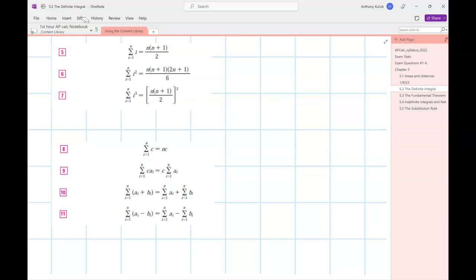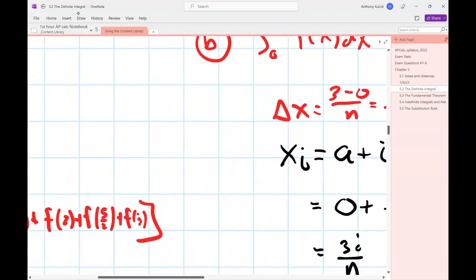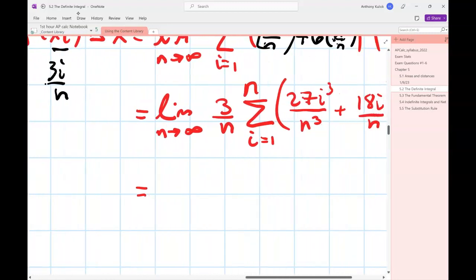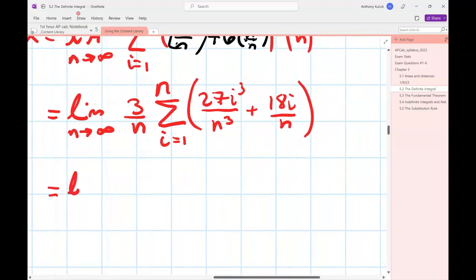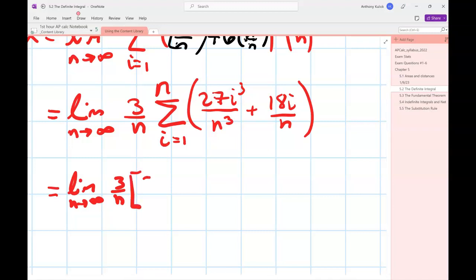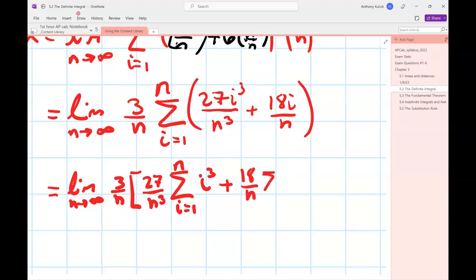So I'm going to do that all in one step here. So I'm going to have 27 over n cubed. They're all constants with respect to the summation because the variable in the summation is i. So on the second term, I can pull out 18 over n.